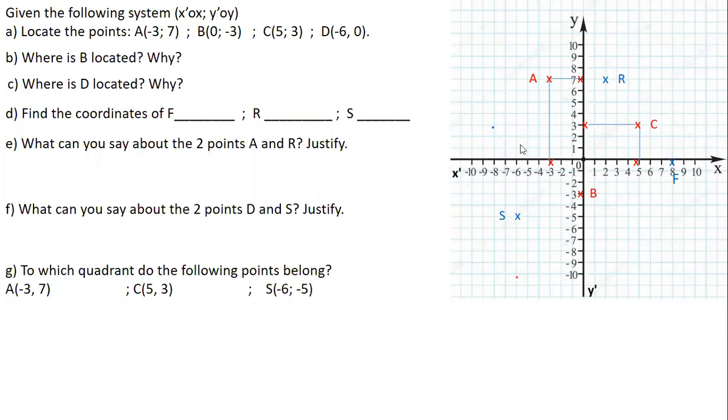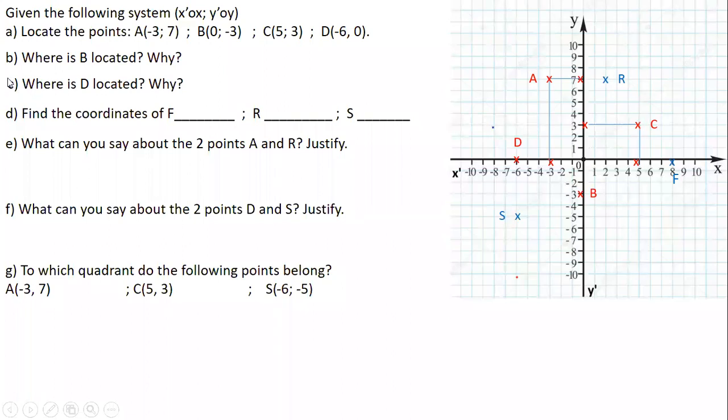On the -6, on the right side or on the left side of the x-axis? On the left side. Yes, so this is the -6 where the cursor is. So D will be located here. So we located A, B, C, and D. Thank you, Jude.